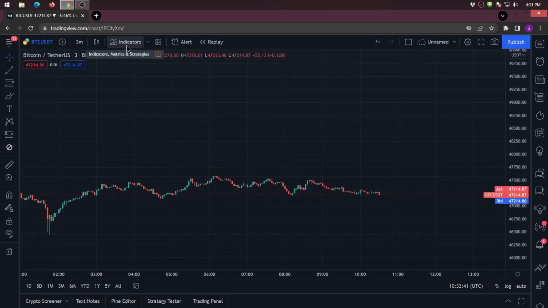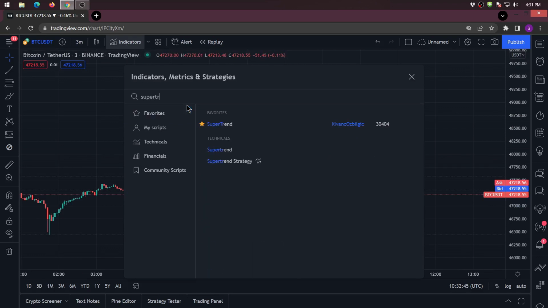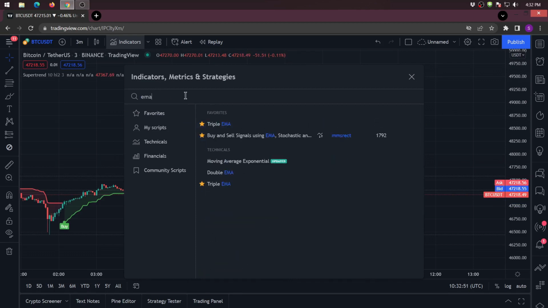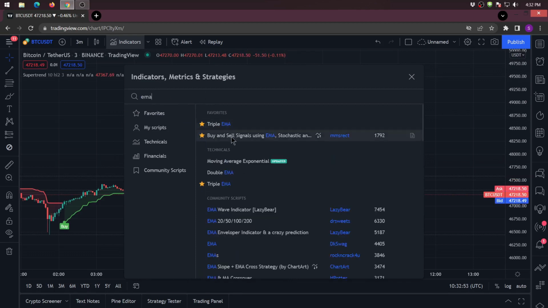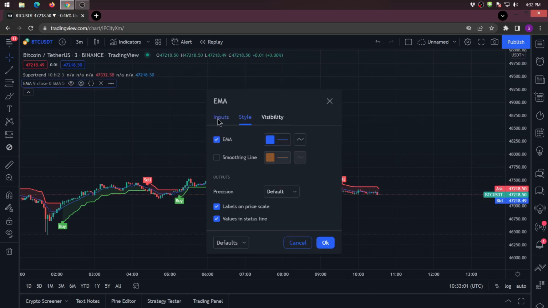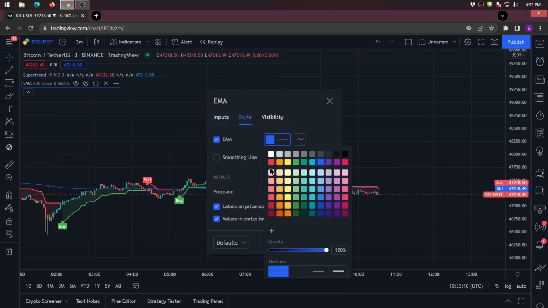So I go to the indicator library and write Supertrend and apply it on my chart, and again I write EMA, and you can see one indicator, moving average exponential, it means EMA. So I click here and now I have to change the EMA length to 200. So I go to the settings and from inputs you can see the default length is 9. So I change the EMA length to 200 and also change the style to white and make it bolder.